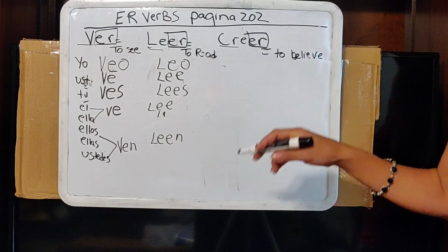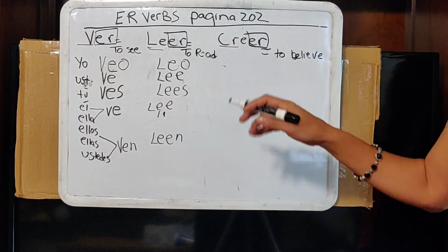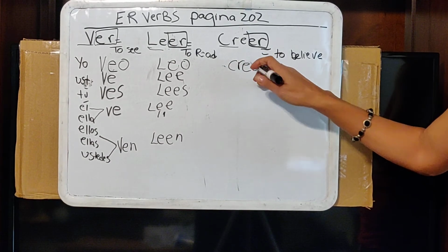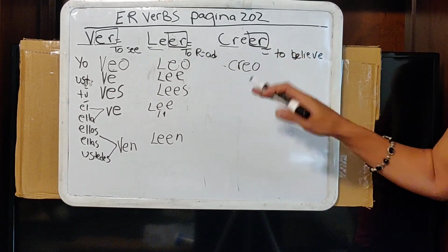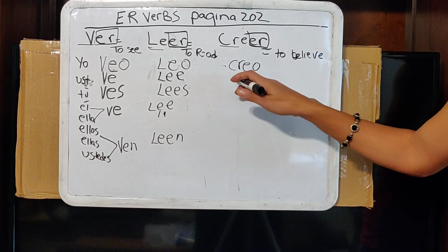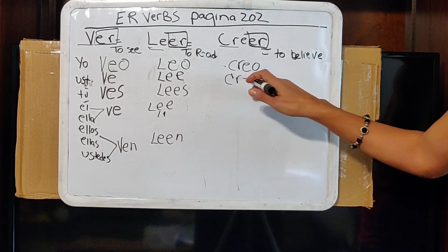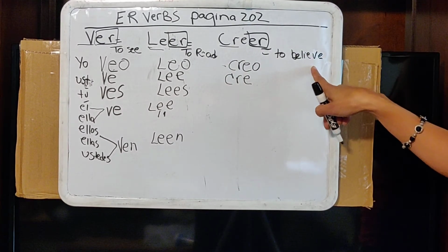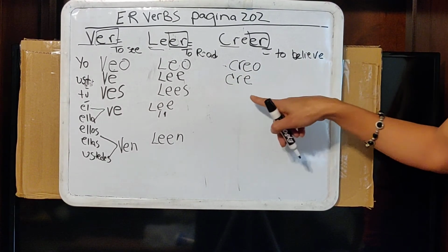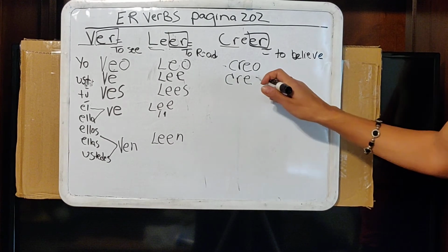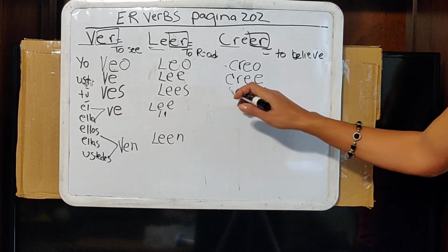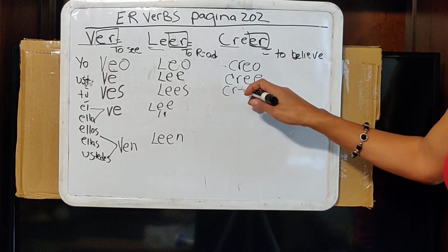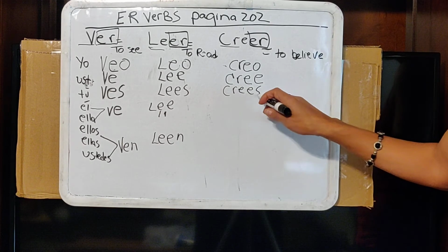You're going to say, yo creo. Now, be sure to put creo. If you put yo creo with the wrong ending, that's not a word. Okay? So yo creo, usted cree. Now, I forgot to tell you what this means. It's to believe. I think it's one of your vocab words, so you should be familiar with it. So it would be usted cree en Jesús Cristo. Tú crees la verdad. You believe the truth.